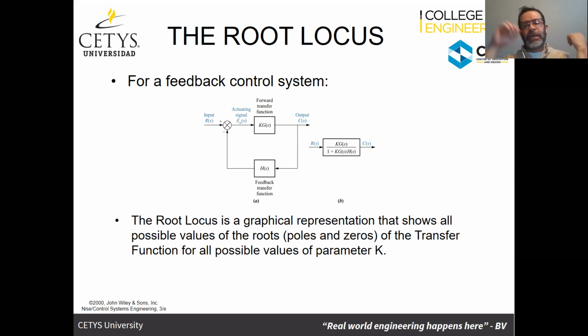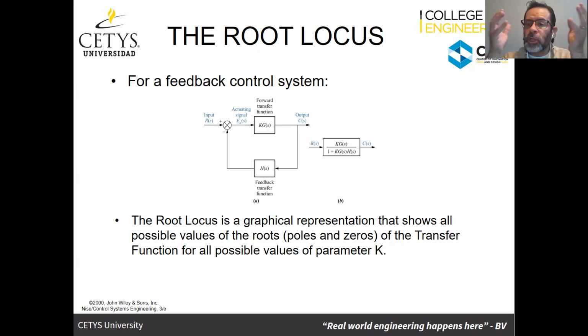Remember in the lab exercise, I asked you to give values of K until you found that the system was unstable, and you just randomly gave values. But wouldn't it be useful to be able to map out all of the values of the poles for all of the values of K, to help us analyze the system, but also do design based on the system?